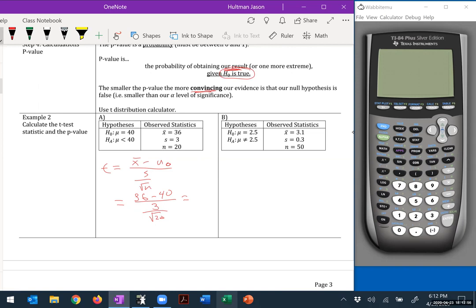Okay, I'm going to plug this into my calculator. Let me turn my calculator on. I'm going to get 36 minus 40, hit enter, and divide that by 3 divided by, I'm going to put a parenthesis because I'm doing fractions over fractions, the square root of 20.